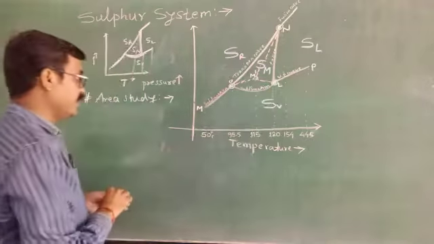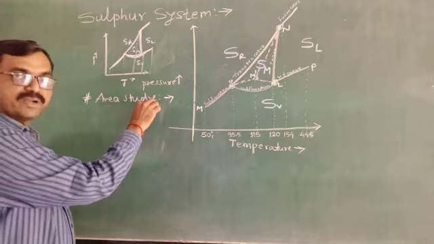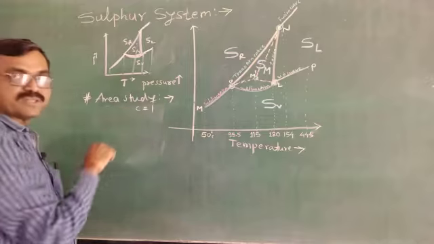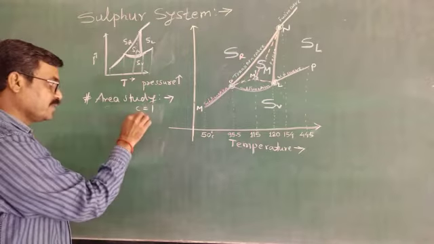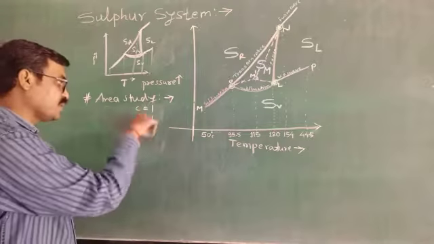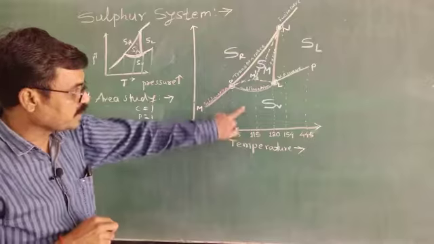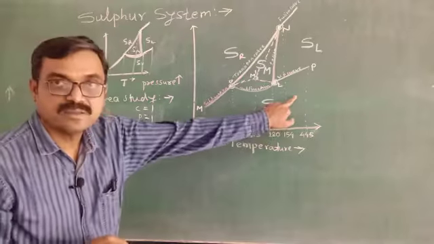In this area the chemical composition is sulfur, no doubt it is in the vapor state, so C equals 1. Then the number of phases, only sulfur in the vapor phase is there, so the number of phases is only 1. Now in order to locate any point, you must again know two things, it is clear.